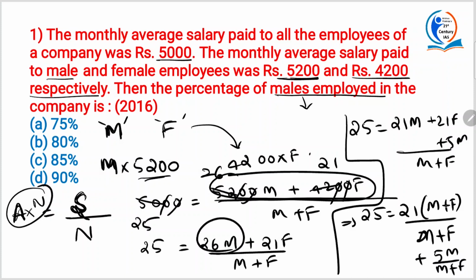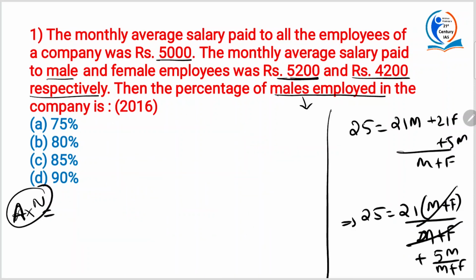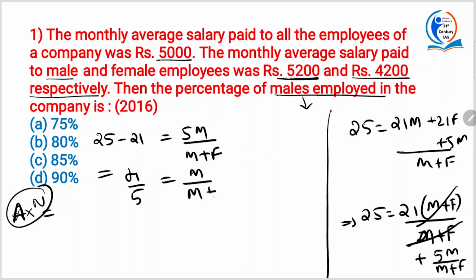So here M plus F and M plus F will get cancelled, and you will get 25 minus 21 is equal to 5M by (M plus F). So it is 4 by 5 is equal to M by (M plus F).